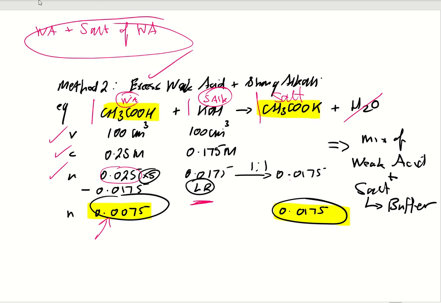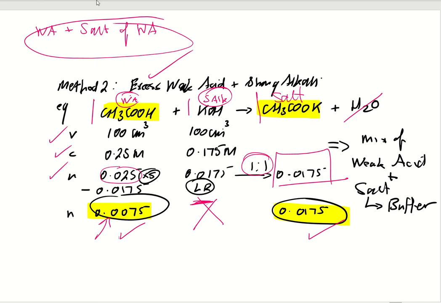So if that's the number of moles of potassium hydroxide, and it's in a 1-to-1 ratio, then that's the number of moles of the salt that I can make. Therefore, if I look at my solution at the end, what have I got? Well, I have weak acid left over, and I have salt of the weak acid, and then I have no potassium hydroxide left over, because in theory it has all reacted, since it was the limiting reactant. Therefore, I have a buffer in exactly the same fashion as I had a buffer down below.